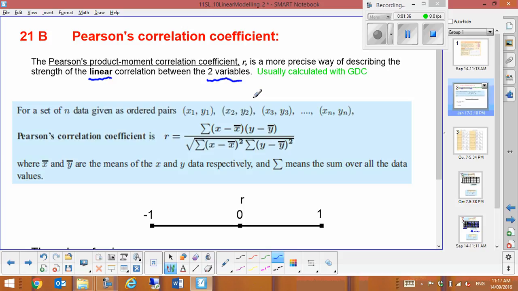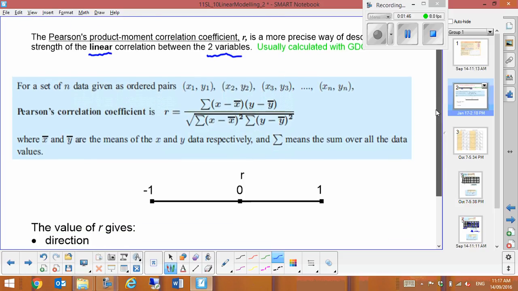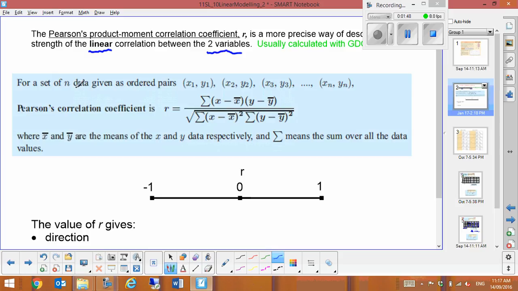You're usually going to be calculating this with your GDC and not manually, but let's look at the formula anyway, just to see where it comes from. So this is the formula. So we might have a certain number of data points. So from our previous example, our X was, in that case, mass, and the Y was the length.